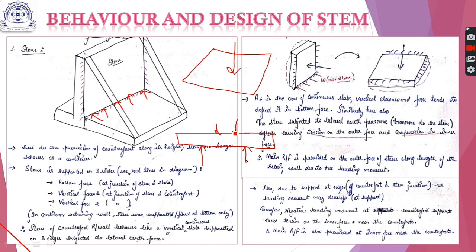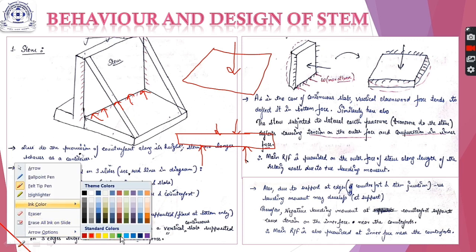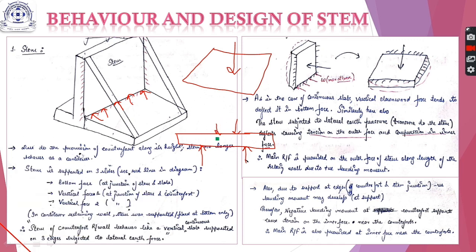So what is the behavior of such a slab? Due to this vertical downward load, the middle of the span between the supports will deflect in the downward direction, and due to the presence of the fixed support, the outer face or the top face of the slab will show tension.